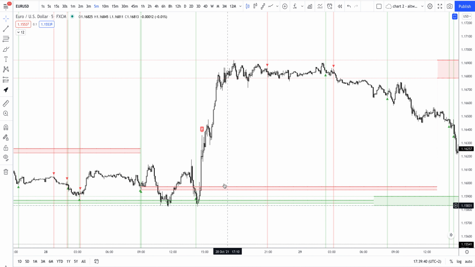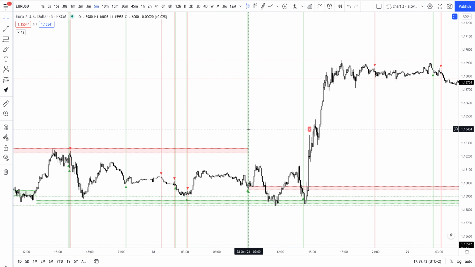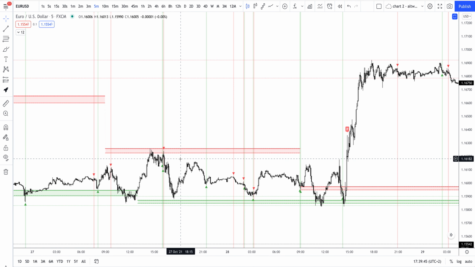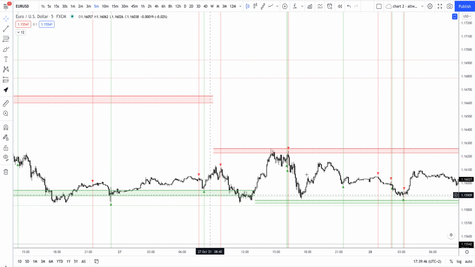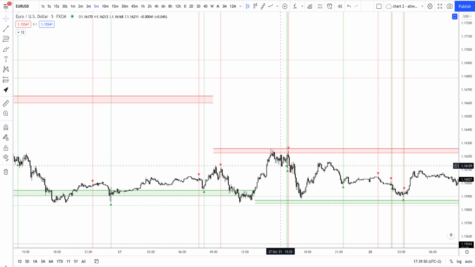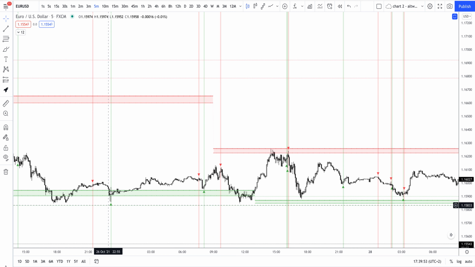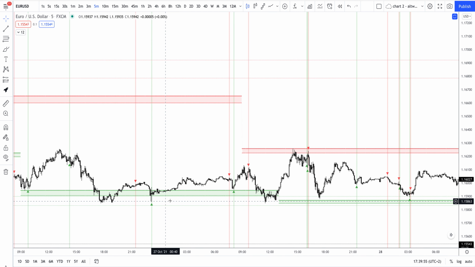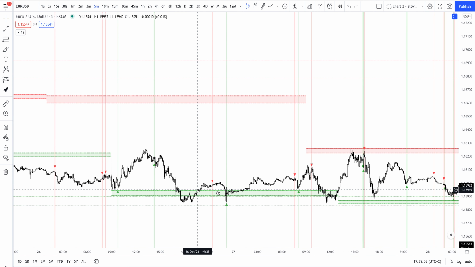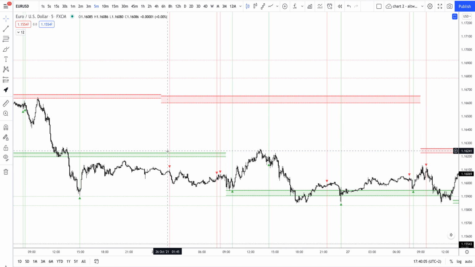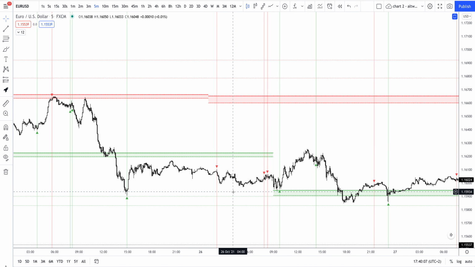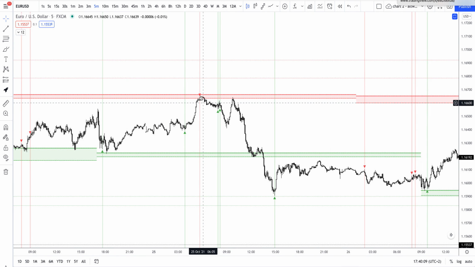See this signal, wow, this is just perfect. The short at supply, or the long at demand. It is just the confidence you need to trade with more security in yourself on what you're doing. Again, a short at supply.